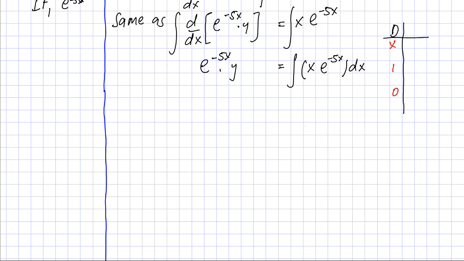Then again, e exponent minus 5x is easy to integrate. So if we integrate, we get e to the minus 5x divided by negative 5. If we integrate for the second time, okay.